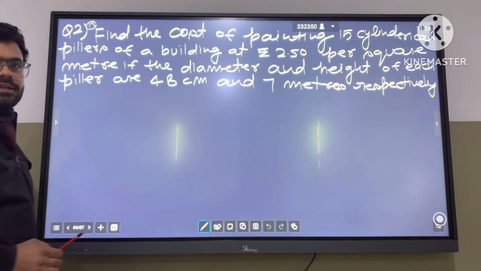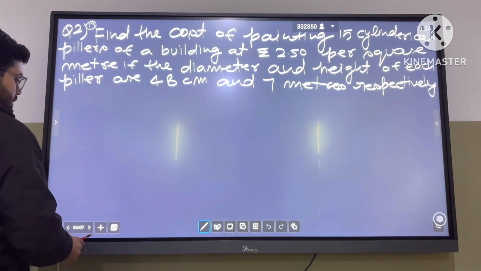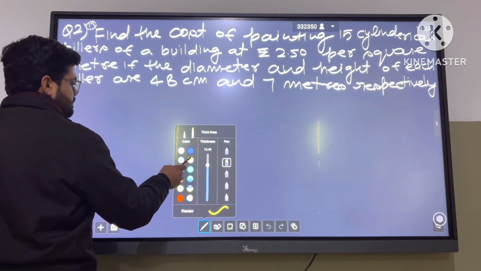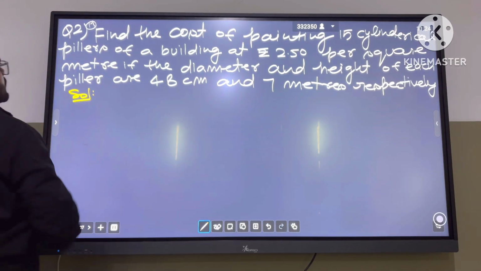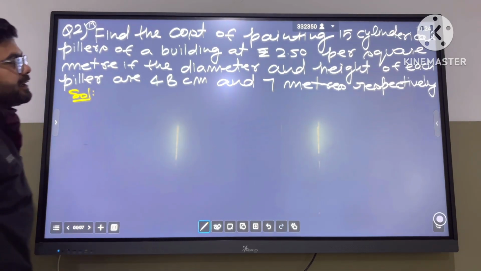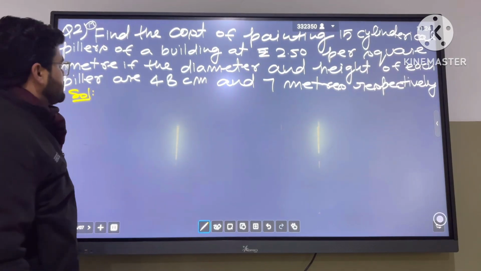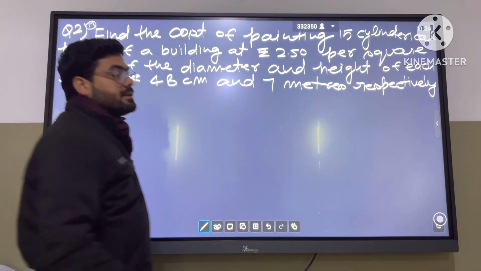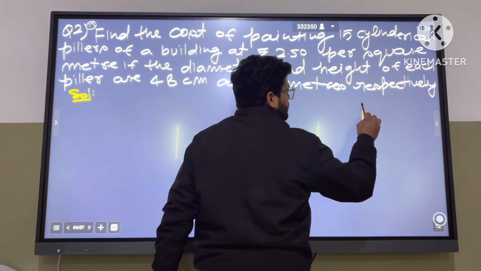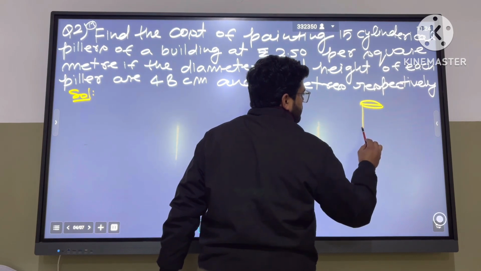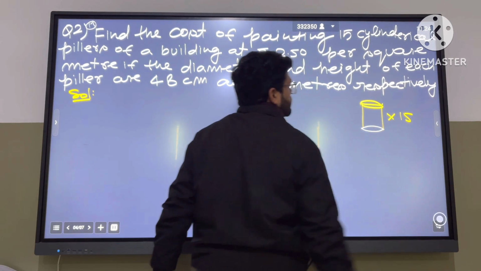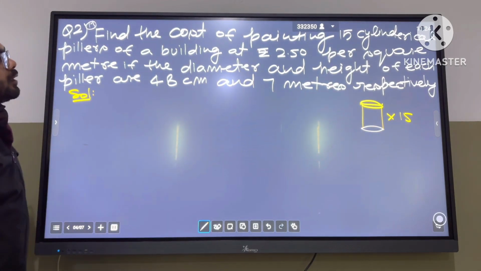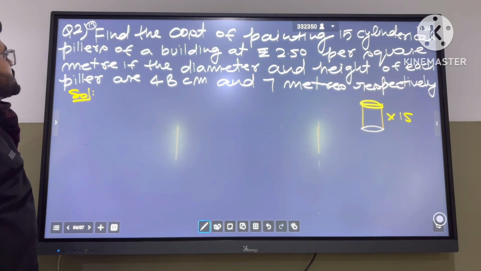From your exercise 20B, this is the most important question. Find the cost of painting 15 cylindrical pillars at rupees 2.50 per square meter.